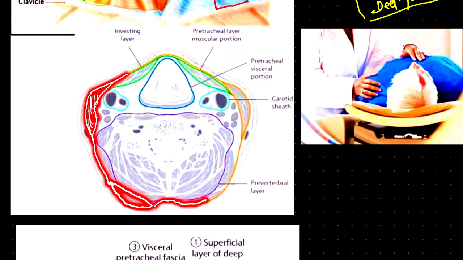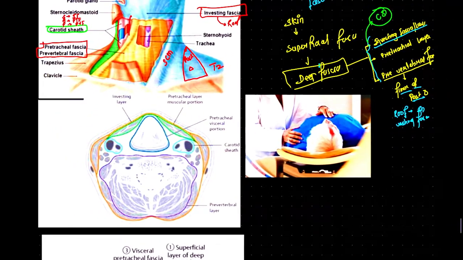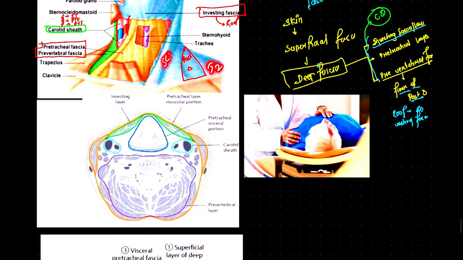The muscle enclosed here is our sternocleidomastoid muscle, and this one is our trapezius muscle. We know that the trapezius and sternocleidomastoid form the roof of the posterior triangle.